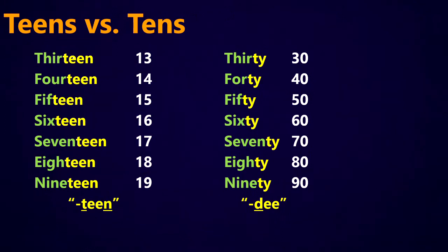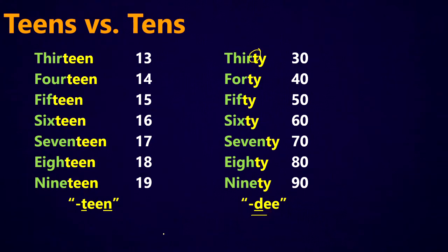So we've got the number 13 and the number 30, and they're going to be pronounced a little bit differently at the end. So the teen, you'll hear clearly the T sound, and sometimes you'll hear the N sound pretty clearly. So 13, 30. Now notice for the tens, this T sound in the middle will get changed into a D sound.